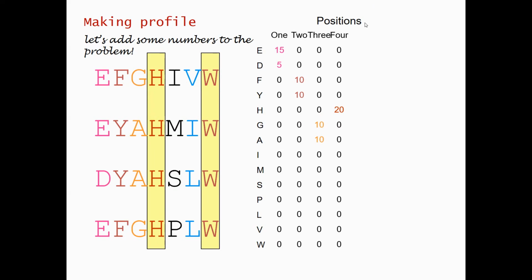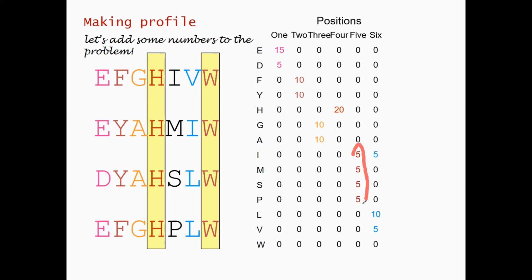And now at position number 5, you see that every amino acid contains the same score because they are at the same frequency. Position number 6: isoleucine 5, leucine 10, and valine 5.